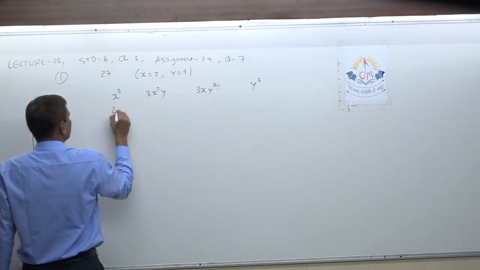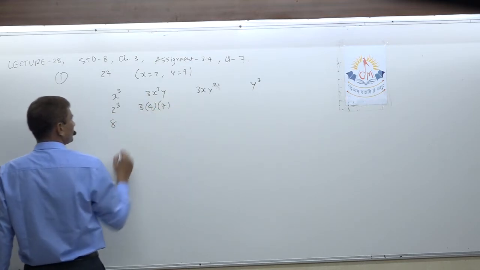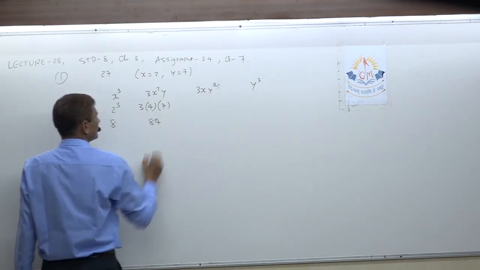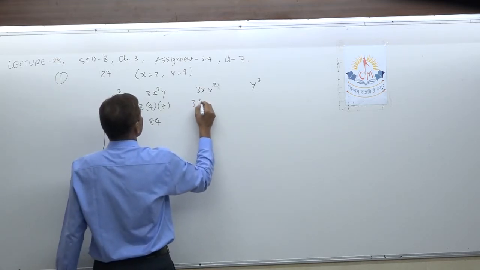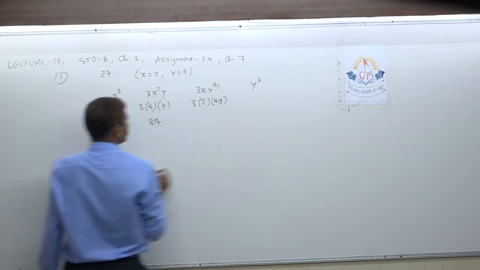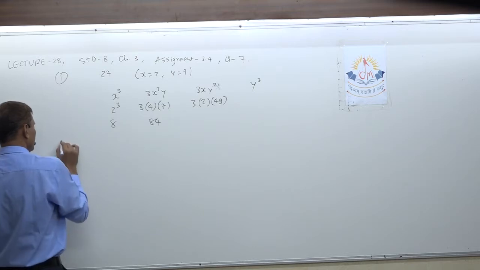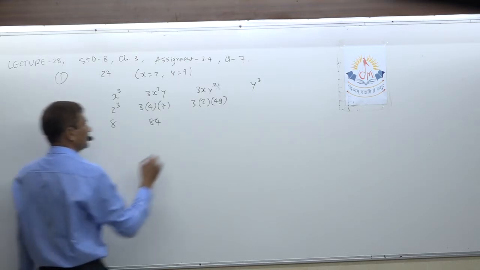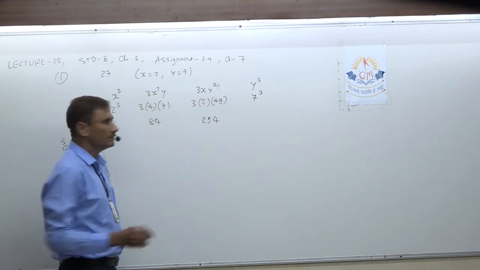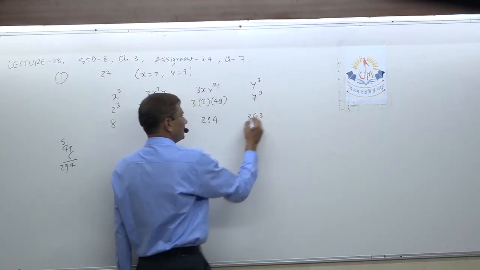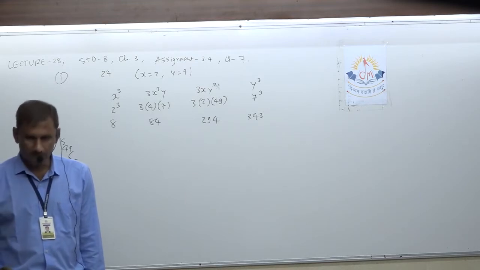So 2 cube is 8. 3 times 2 square, 4 threes are 12, 12 sevens are 84. 3 times 2 times 49: 49 into 6, 9 sixes are 54, 4 sixes are 24 plus 5 is 29. So 294. And y cube means 7 cube, it will be 343. Okay. So these are the 4 required columns.